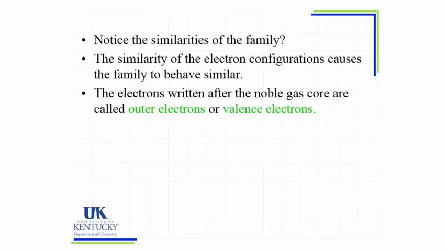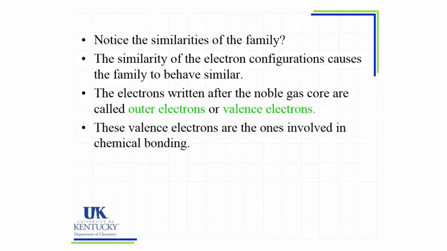For a family, or for that group as we go down, they will all have the same number of valence electrons. And it's these valence electrons that are involved in chemical bonding. So when we start looking at atoms combining to form compounds, we'll be utilizing those valence electrons.